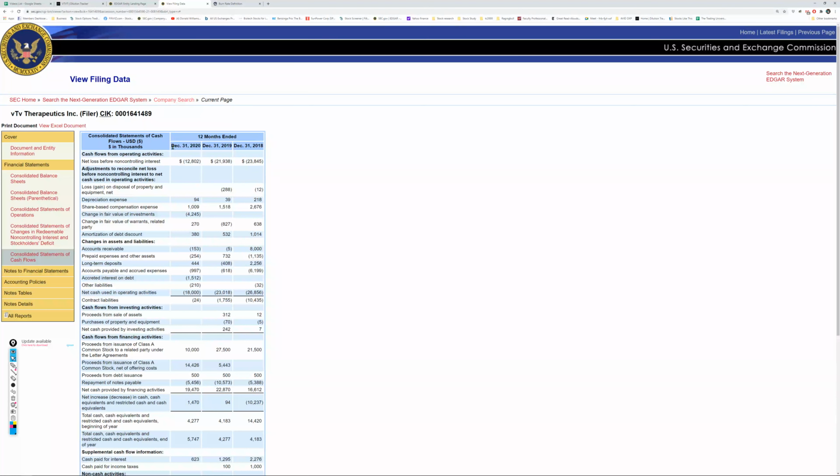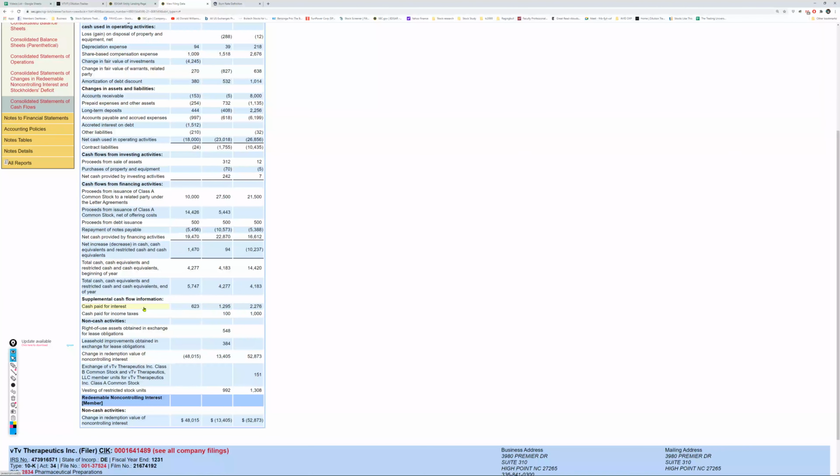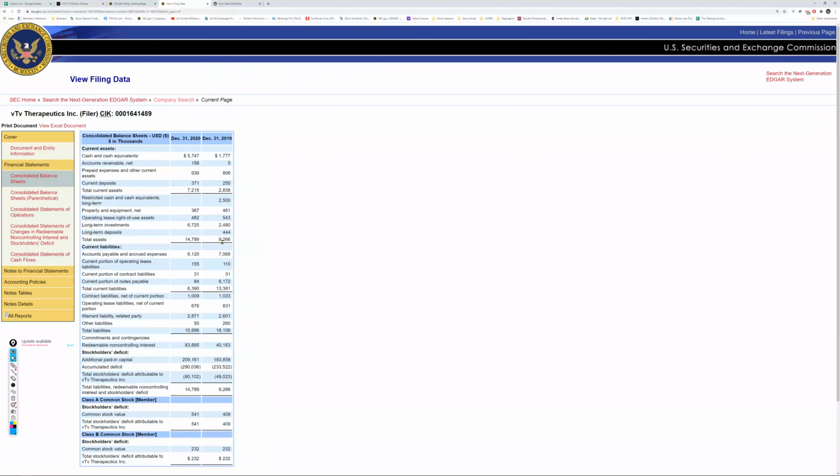December 31st, December 2020, 2019, 2018, and it'll go through and it'll say, hey, this is all that we have, cash flows, and it breaks down everything you need to know about their cash. You can look at their consolidated balance sheet, and figure out everything that you need to know in here at these SEC websites in their 10K.